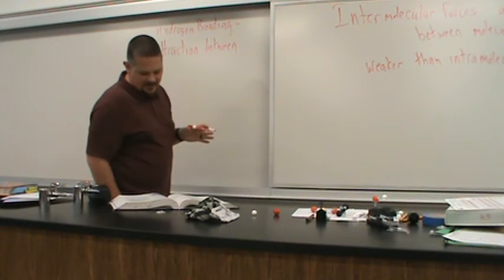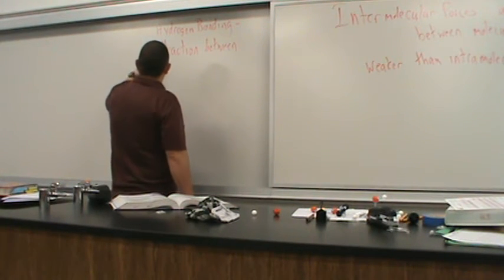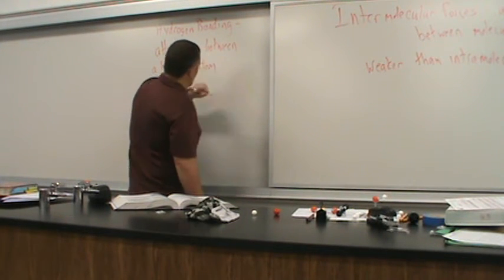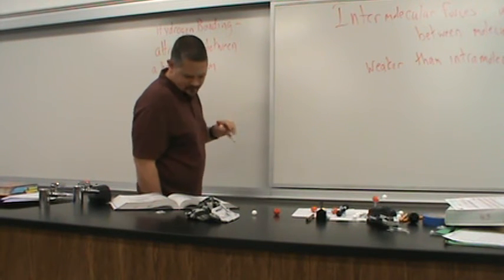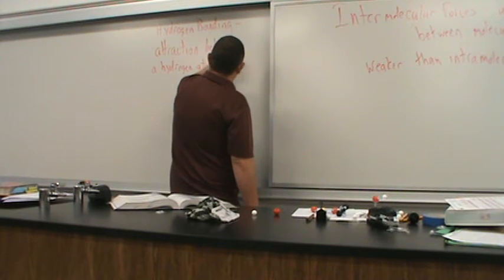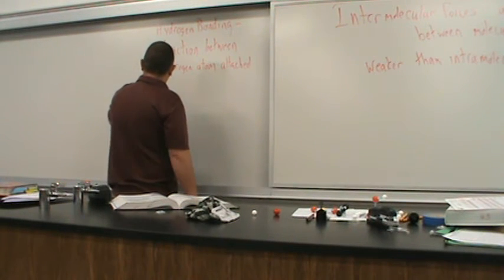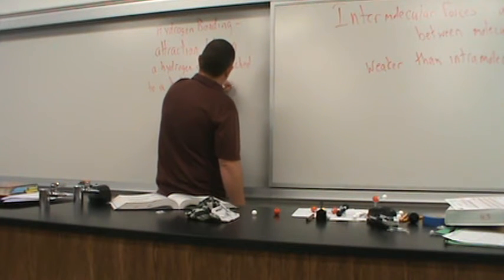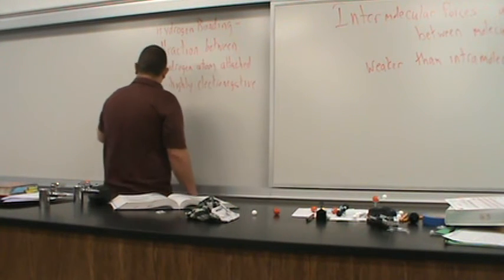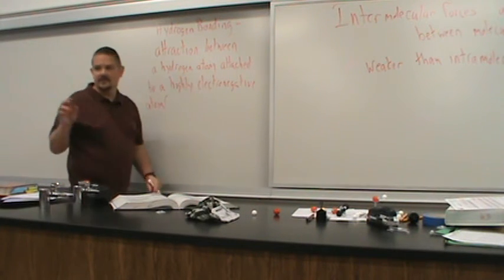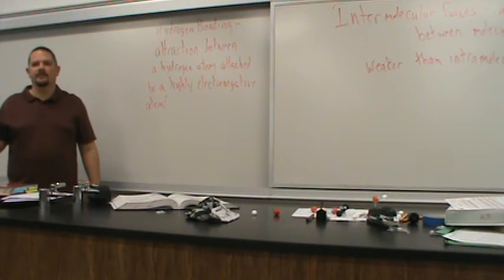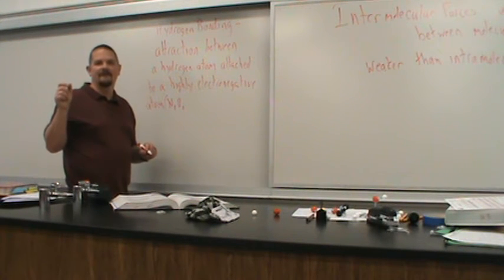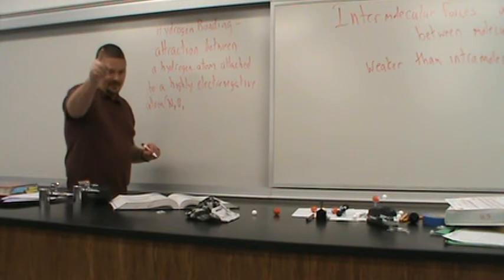So hydrogen bonding is where we have an attraction between a hydrogen atom that is attached to a highly electronegative atom. Now, which three did I say were the most electronegative? Nitrogen, oxygen, and fluorine.